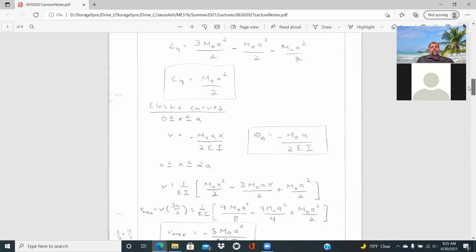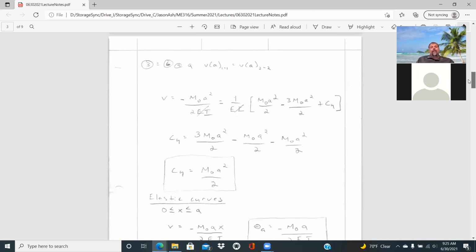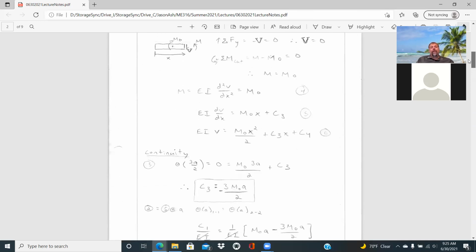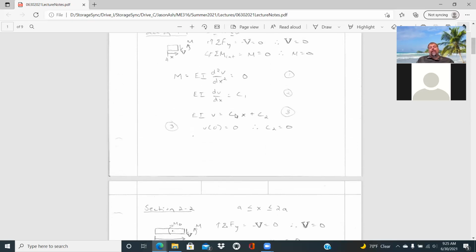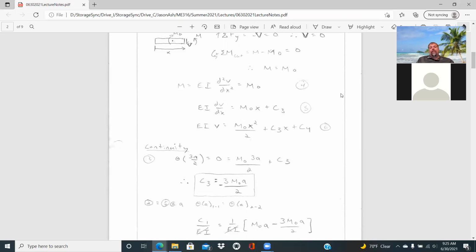And then that then uniquely defines the general equations. We've been able to go through and solve all of our constants of integration. We have our C1 term, C2 is 0, and then we've solved for both C3 and C4.